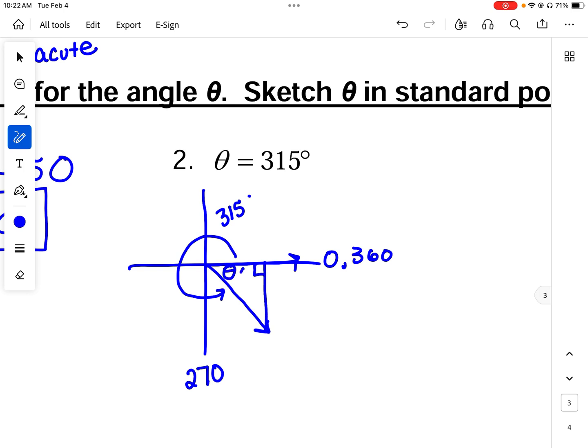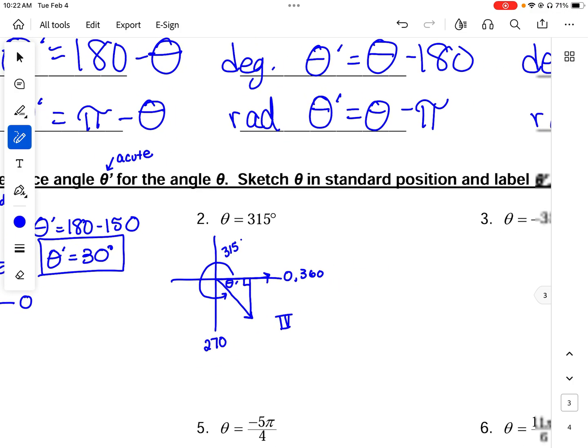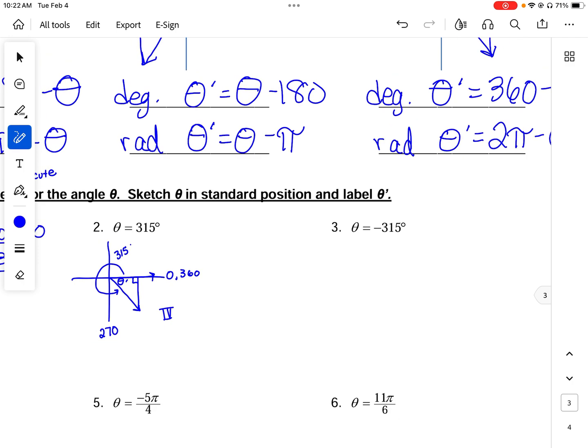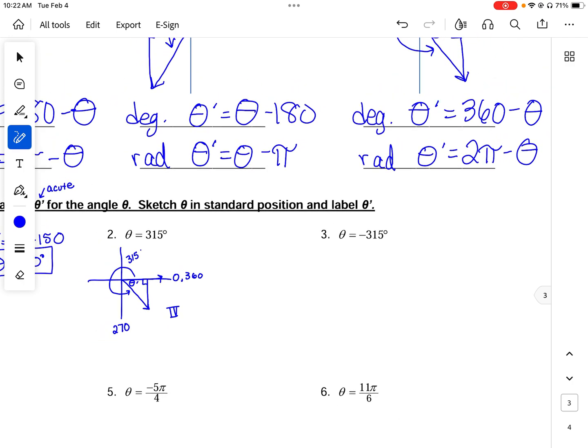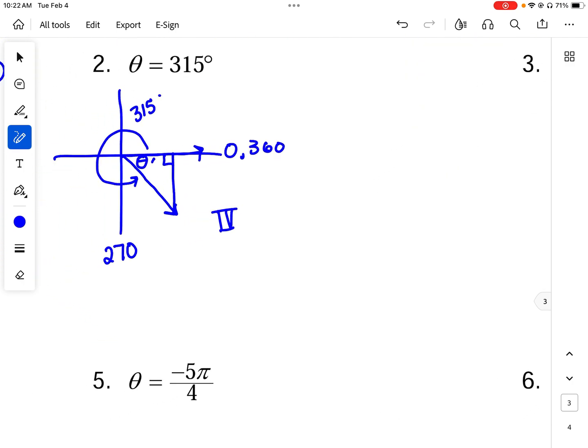We are in quadrant 4, so look back at our instructions for quadrant 4. It says 360 minus theta. So to find theta prime, I'm going to do 360 minus 315. So theta prime is 45 degrees.